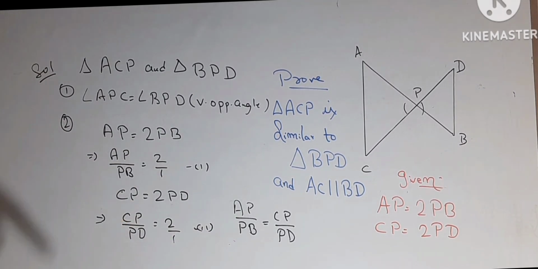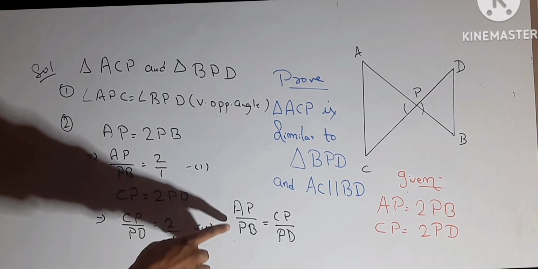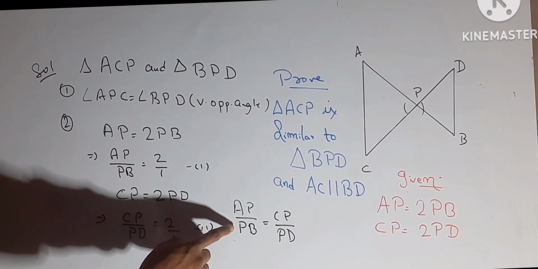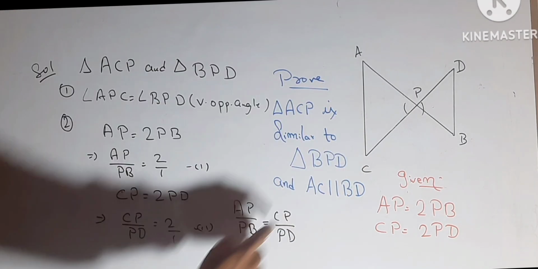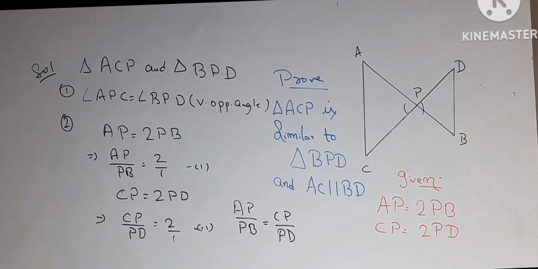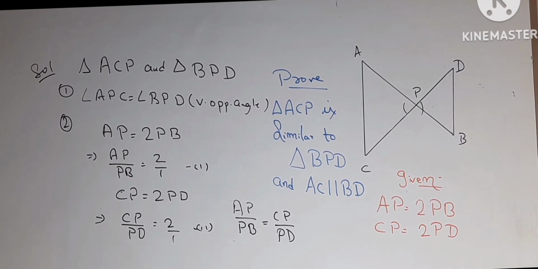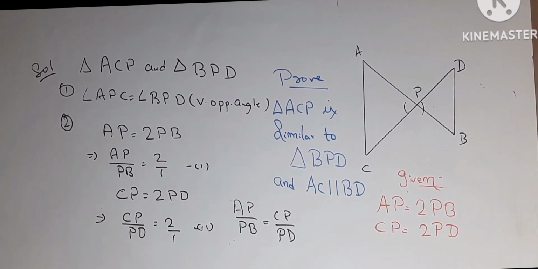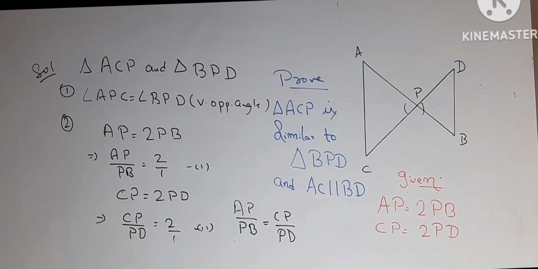Now we need one more point. In triangle ACP, AP is there and PB is there. At the start of the chapter I already told you that two triangles are similar only when their angles are equal, or the corresponding sides are in the same ratio.